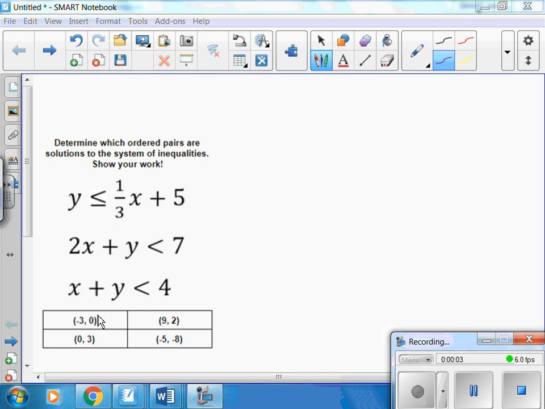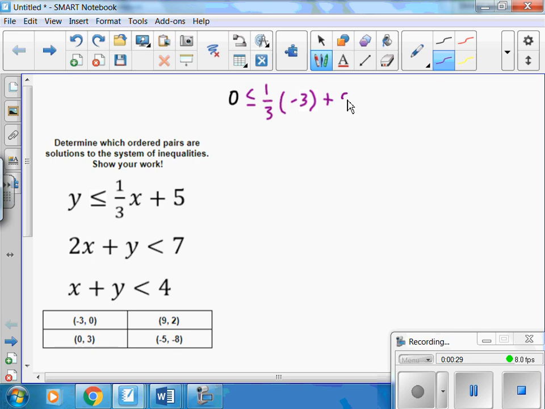Okay, so let's start off with this first ordered pair, (-3, 0). We're going to plug 0 in for the y, and that's going to be less than or equal to 1/3. And then in for x, we're going to plug in this -3 right here, and then plus 5.